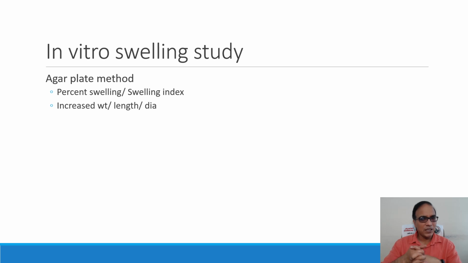In the agar plate method, you develop the agar plate, and if microspheres are there, you can put a certain number of microspheres and characterize them by percent swelling or swelling index, or by the increased weight, length or diameter. For a tablet, you can see the increase in diameter. In the case of a film, you can see either the weight increase or the length increase. This increase must be noted for the delivery system and may be taken as an indicator of the swelling property.